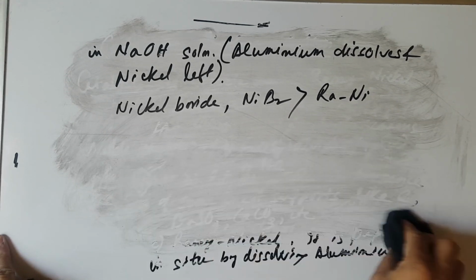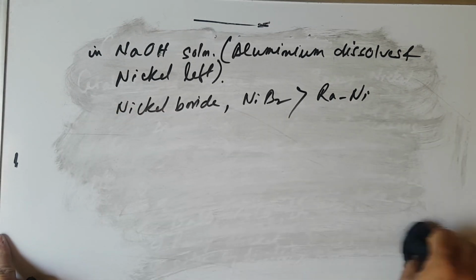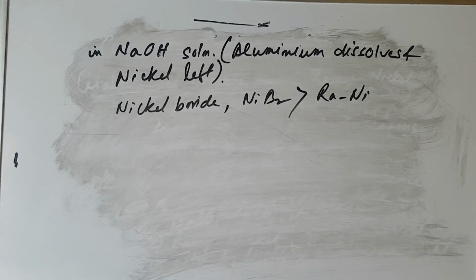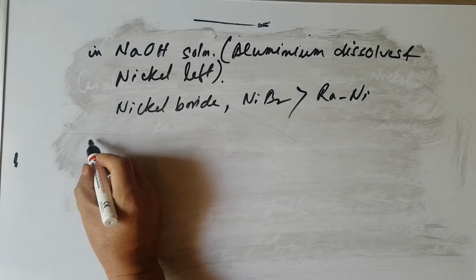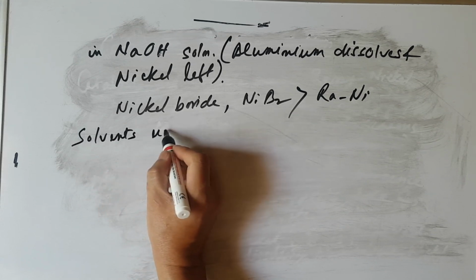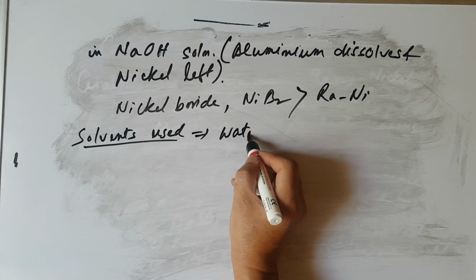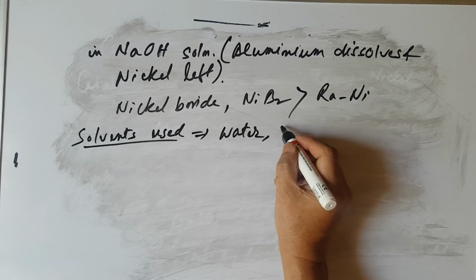Now let's see, next is about solvent use. Solvents used in the catalytic hydrogenations: water can be used, and ethanol.